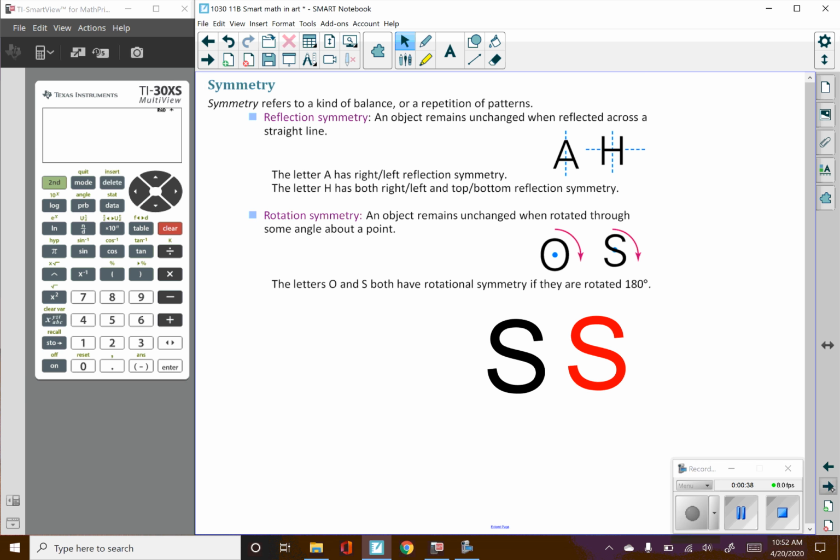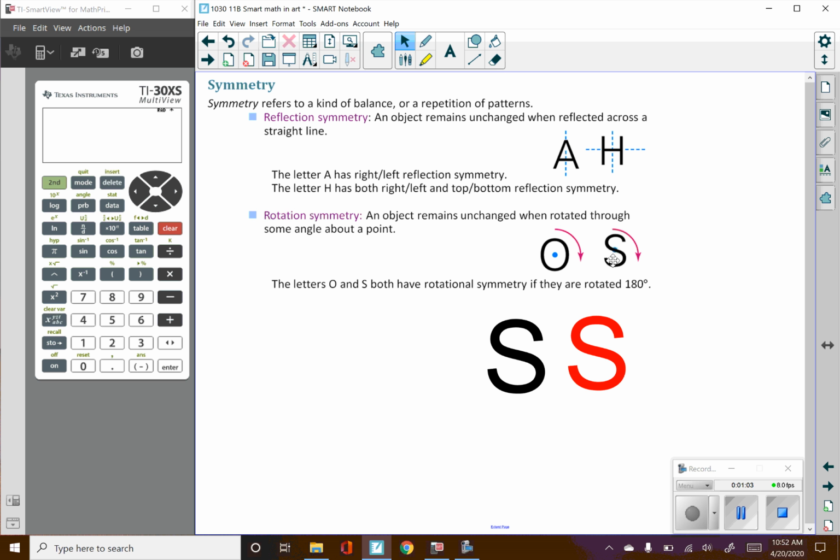You already know a lot about symmetry, but just as a quick review, symmetry refers to a balance or repetition that a shape has. Reflection symmetry is when the object remains unchanged when it's reflected across a straight line. The letter A has left-right reflection symmetry. If it's reflected over a vertical line, it is the same.